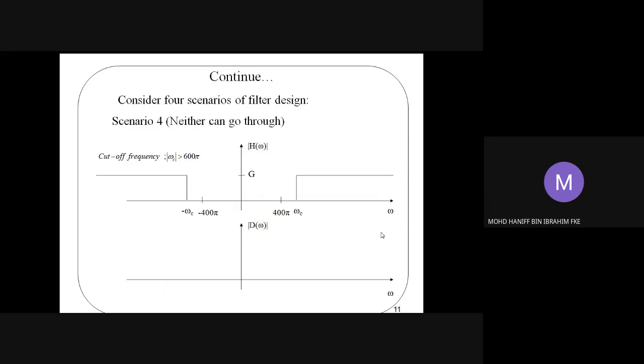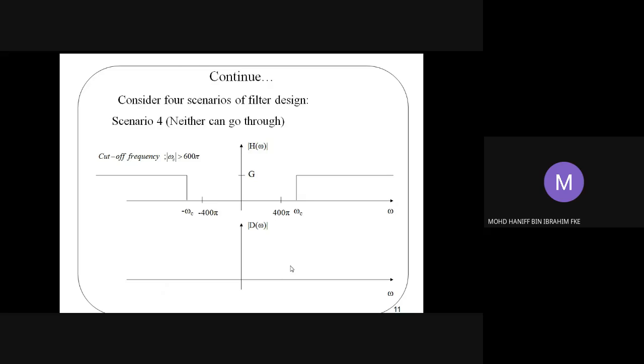For the fourth scenario, we can also set the filter specification such that we have this pattern of frequency response, but omega c is designed such that the value is always bigger than 600 pi. With this condition, as we learned from the second scenario, anything between these cutoff frequencies will be filtered out.